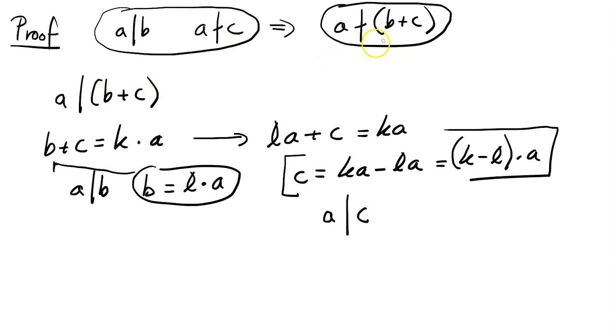So what we did is that we assumed that this is not the case. We assumed that this was true because that's a precondition. And we want to show that if this is not the case, then this must be the case. And if this is the case, we have this. And from this, if we add the condition that A divides B, because that was a precondition, then it follows like this. And this we can rewrite to mean that A then must divide C. But we assumed in the beginning that it did not divide C. So we arrived at our proof by contradiction.